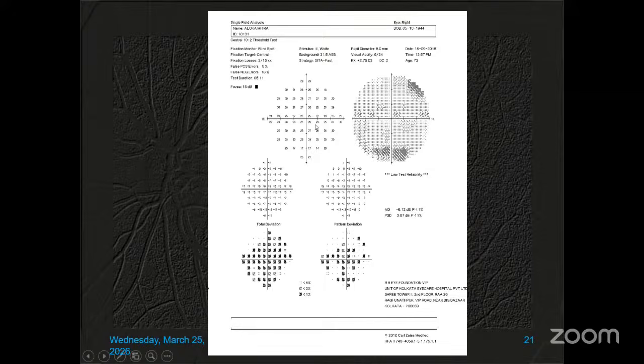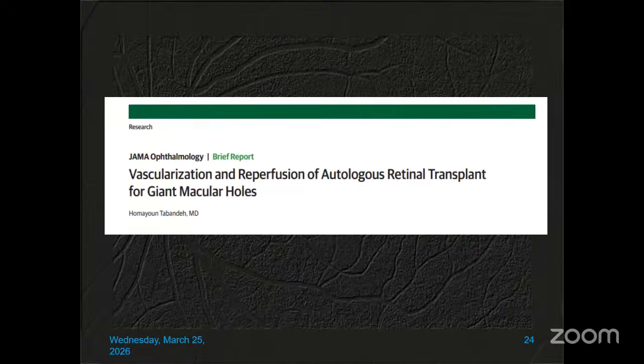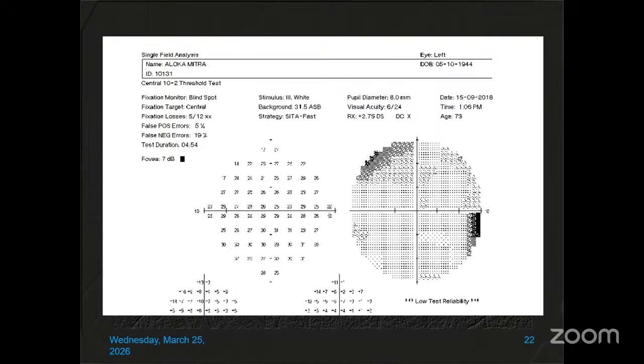If you notice very carefully, the central area is showing 25 to 27, around 26 decibels. So this is the indirect evidence that this retinal graft works. But again, we need to go a long way to prove that it has a significant functional ability.